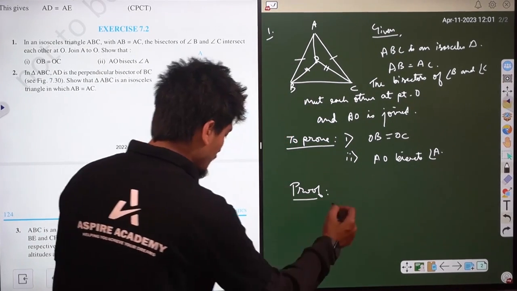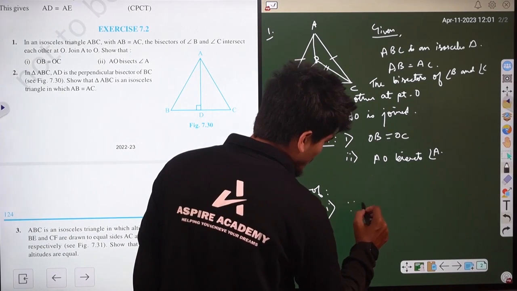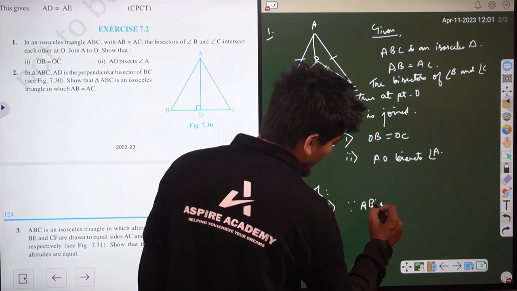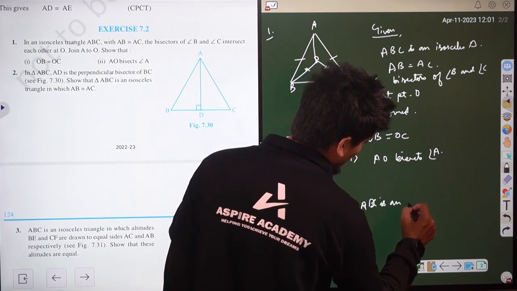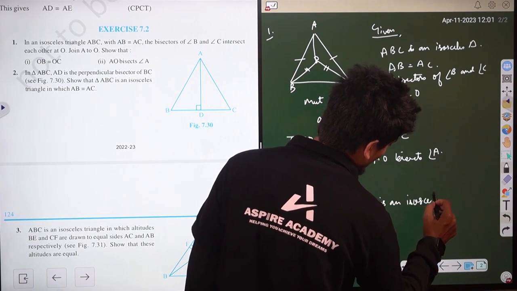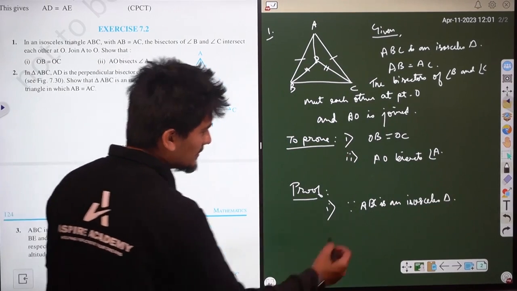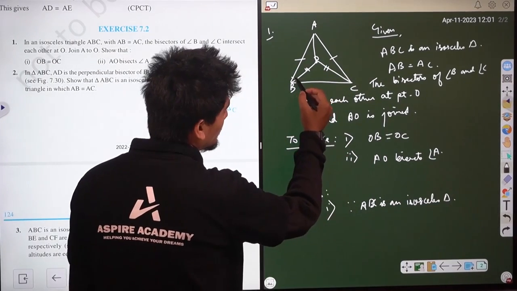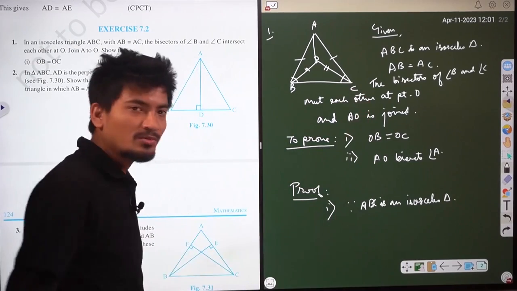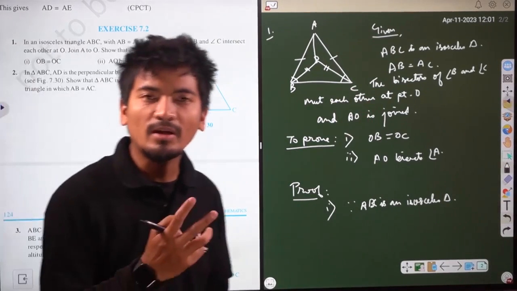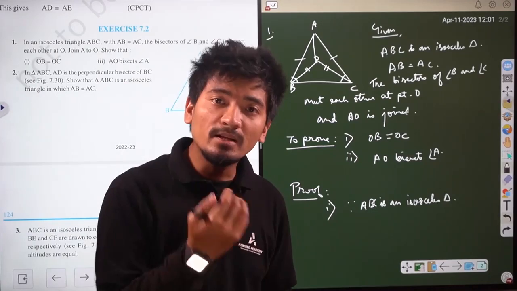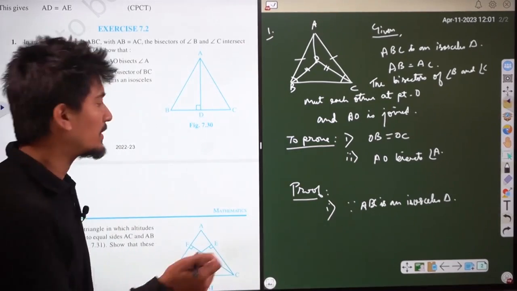Now see here, for the first part, since ABC is an isosceles triangle, obviously angle B is equal to angle C, because we already know that if two sides of a triangle are equal, then their opposite angles are also equal. We already know this.